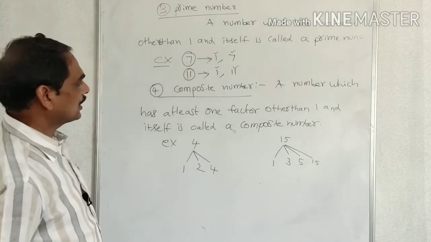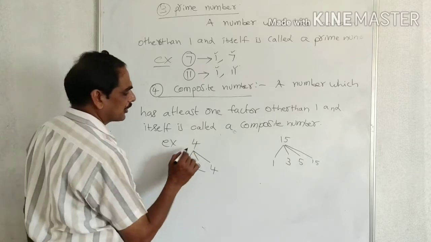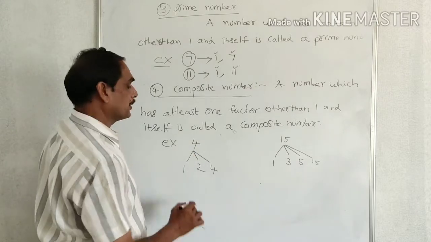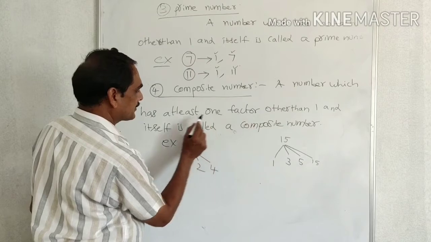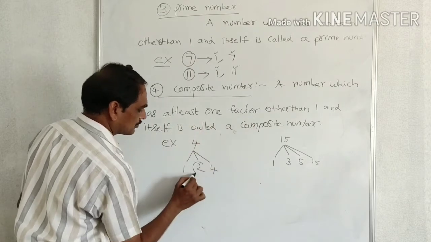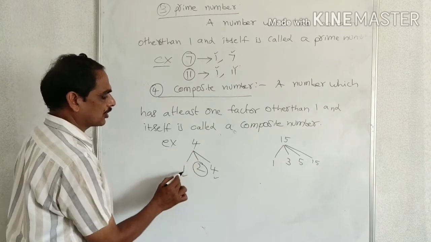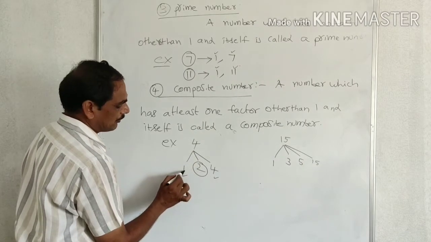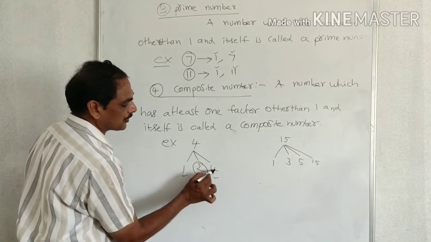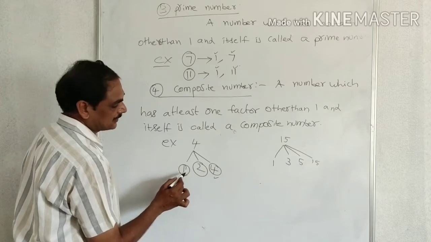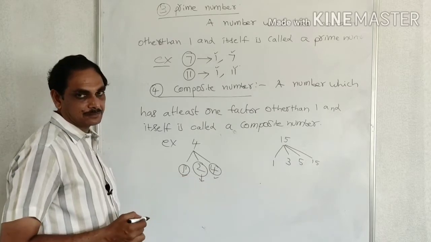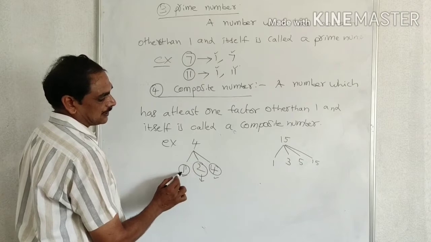So these two are composite numbers. 4 is a composite number, a number which has at least one factor other than 1 and itself. The factors of 4 are 1, 2, 4. Here 1 and 4 itself are the two factors. 2 is the other factor. So here 4 has 3 factors.